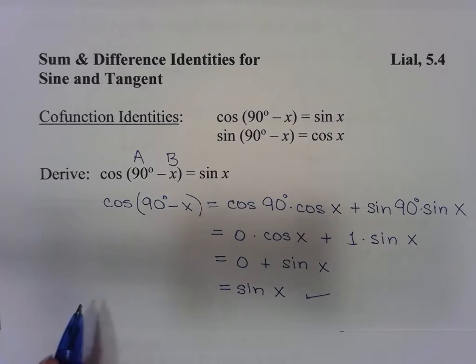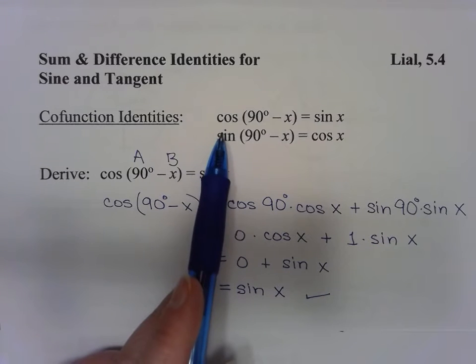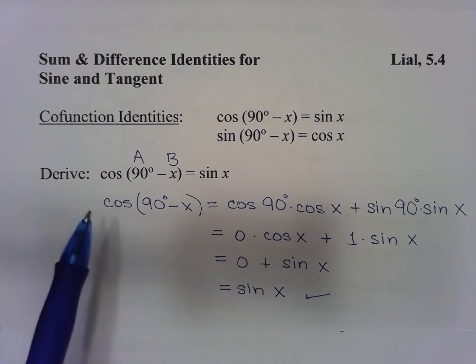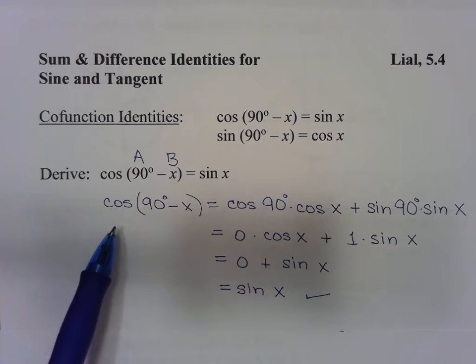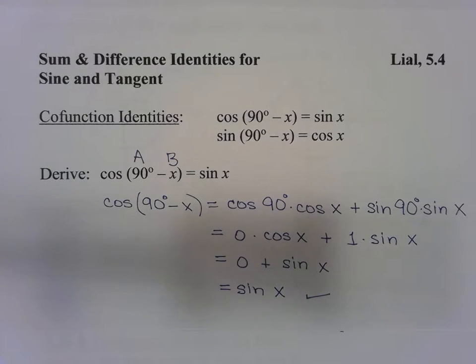So we've verified that the cofunction identity is true based on the difference identity for cosine. These are called the cofunction identities.